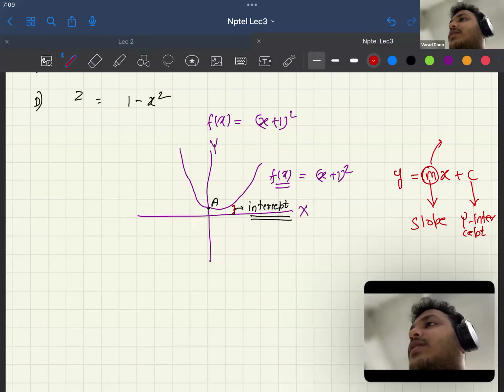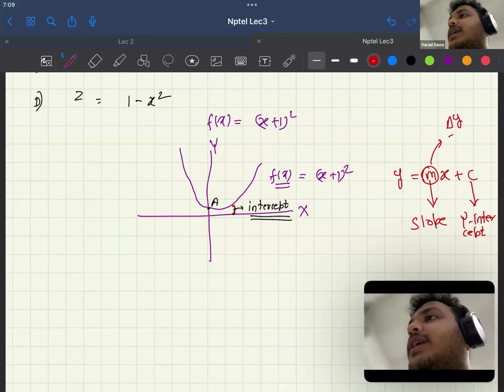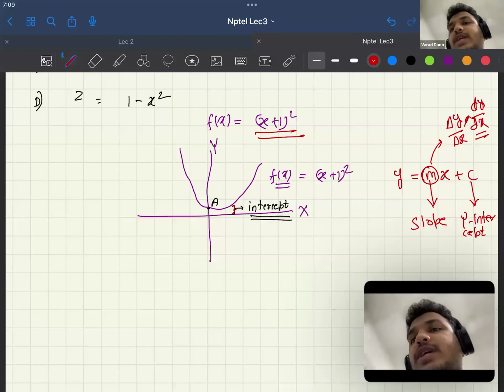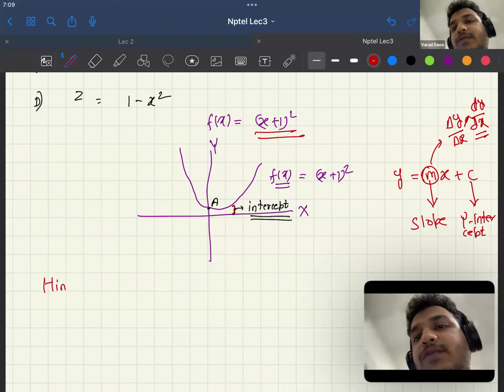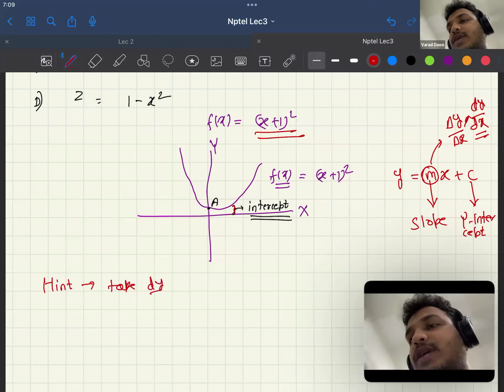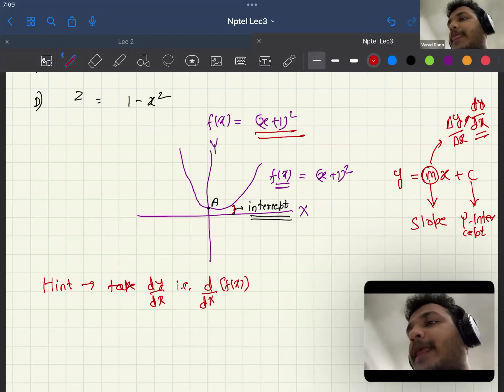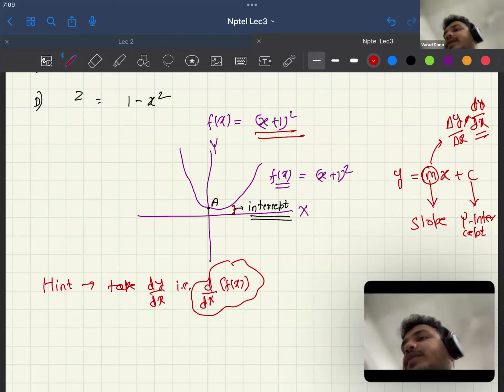If you remember, this is delta y by delta x, which is nothing but dy by dx, that is the derivative. And here you have already been given a function. So a hint would be: take a derivative, take dy by dx, that is d by dx of f of x. And the answer would somehow be related to this d by dx of f of x.